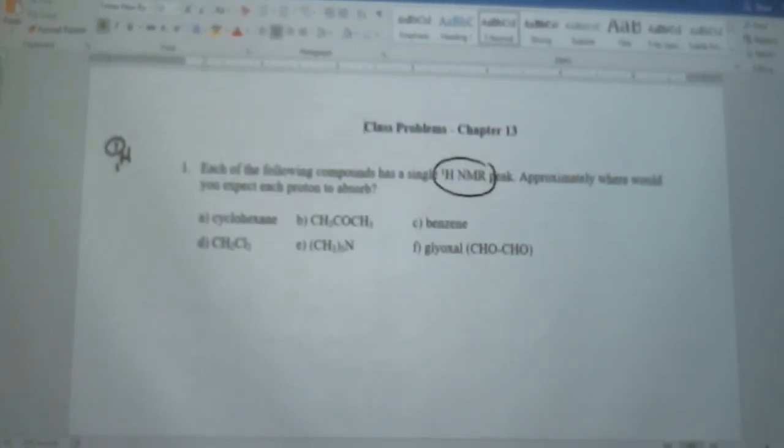In order for an atom to absorb NMR, we need an odd mass number. Which is fine, because this is by far the most abundant isotope of hydrogen.